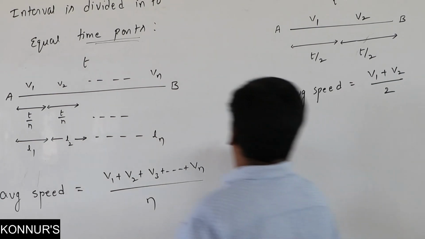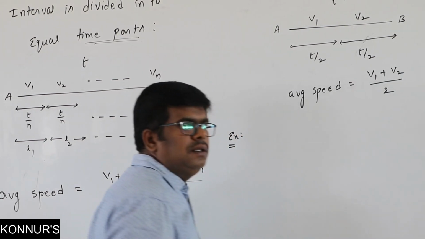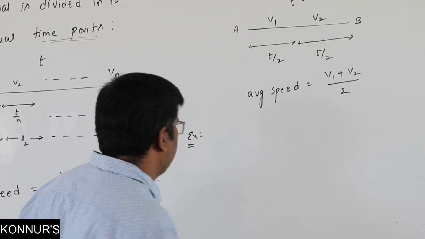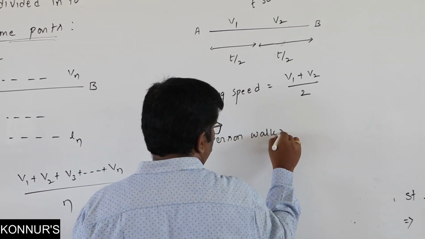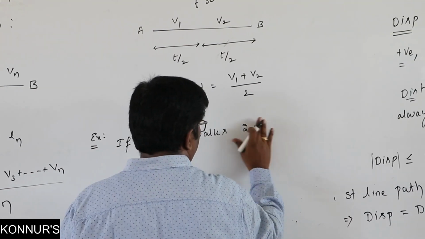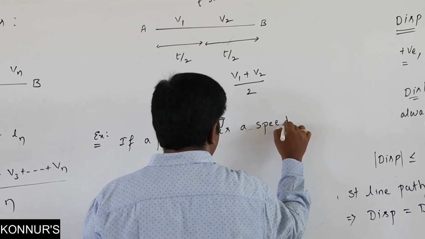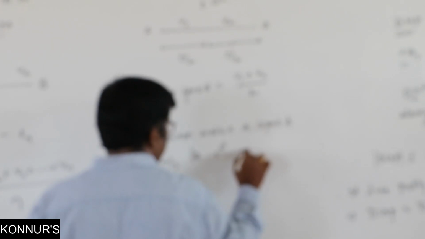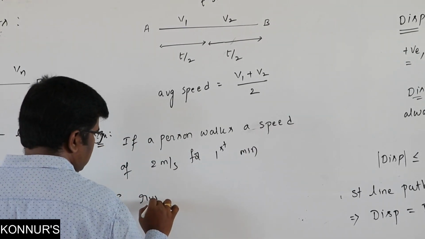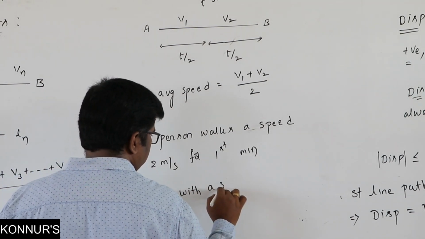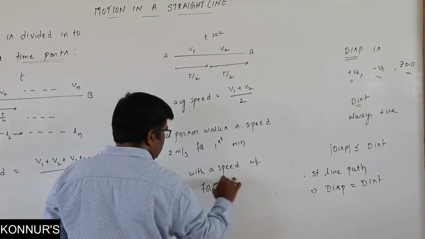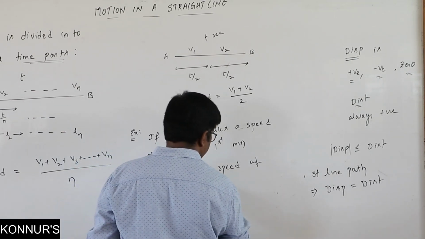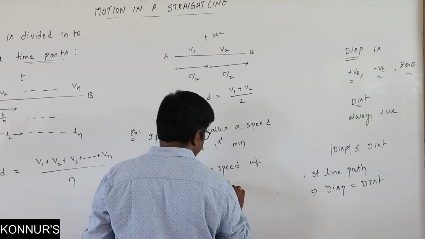Let us take an example. If a person walks with a speed of 2 meters per second for the first 1 minute and runs with a speed of 4 meters per second for the next 1 minute.